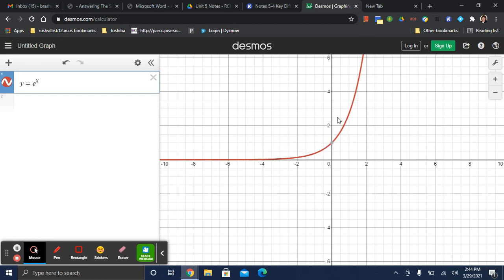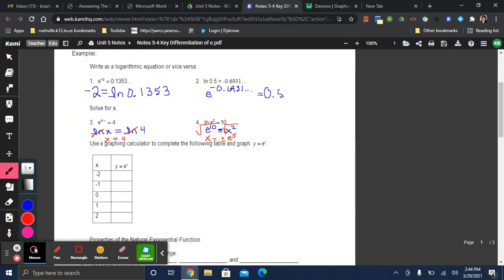It does have an inverse. It's 1 to 1. The domain is -infinity to infinity. The range, however, has a horizontal asymptote of 0, so begins at 0 and goes to infinity. So those are some things we'll fill in, along with a little bit of the table.